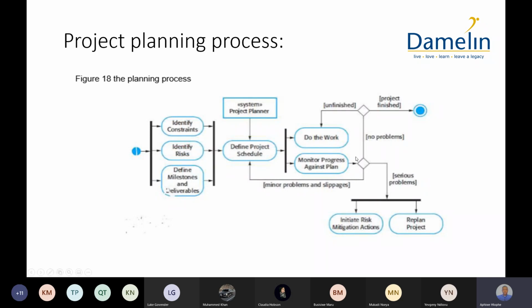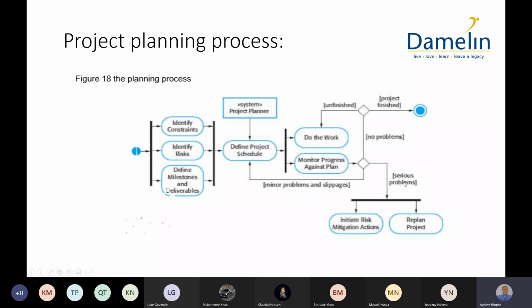Obviously, if there are no problems or no slip-ups, or none of the risks identified actually occur, then you get a finished product, okay? For some reason, if you get an unfinished product, then you go back and finish the work. If you do the work and then you monitor against your original plan and you find that you're deviating, then you face serious problems, okay?